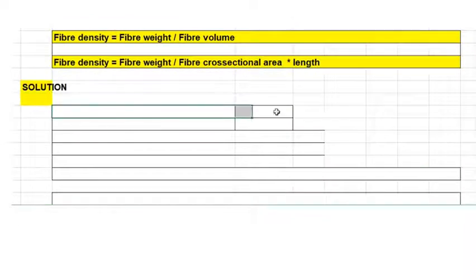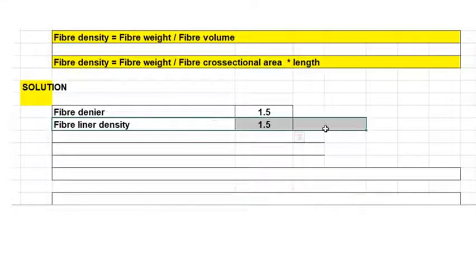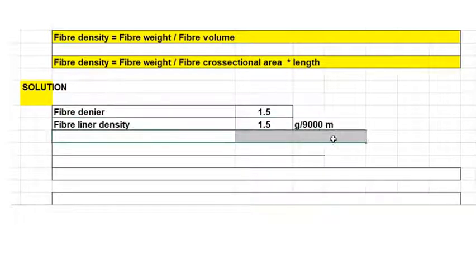In this we know that fiber linear density is 1.5. From the fiber linear density we are converting the unit from gram per 9,000 meters to gram per centimeter. The fiber weight is 1.5 gram for 9,000 meters.